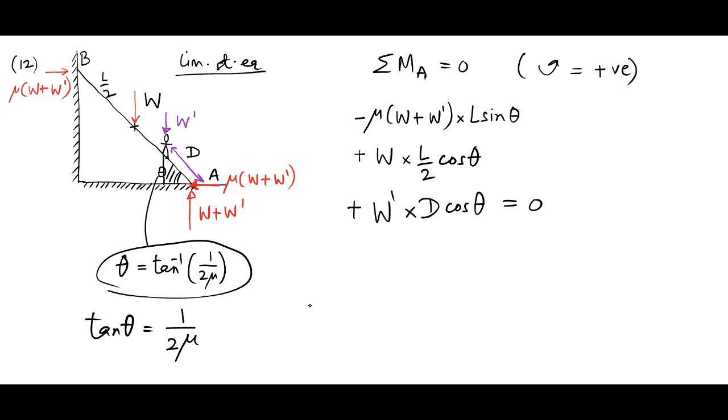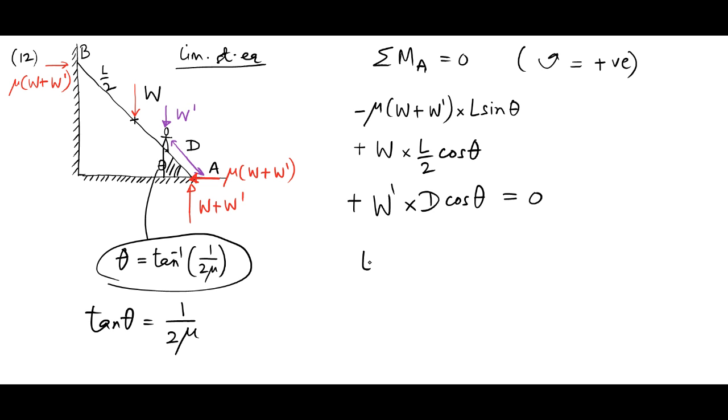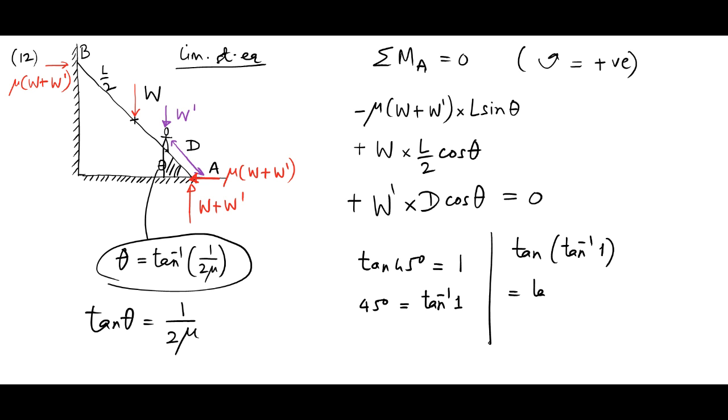So it's like doing two operations in reverse. So tan and then tan inverse. That's why you get 1 upon 2 mu. Just to give you an example, if you have not followed, you know that tan 45 degrees is equal to 1. So another way to express this is saying that 45 degrees is equal to tan inverse of 1. So if I ask you what is tan of tan inverse of 1, it's nothing but tan of, now what is tan inverse of 1?